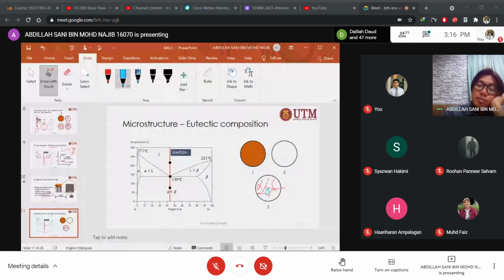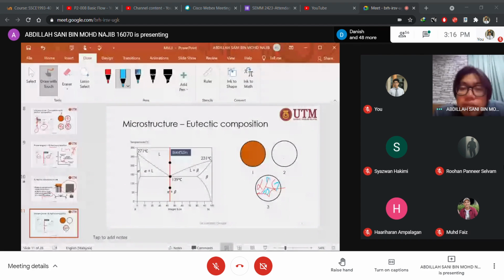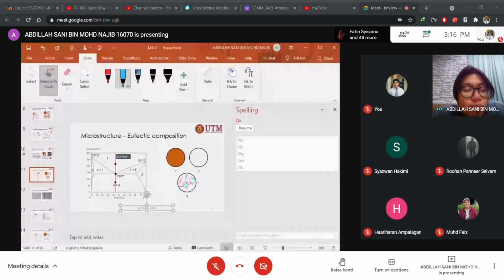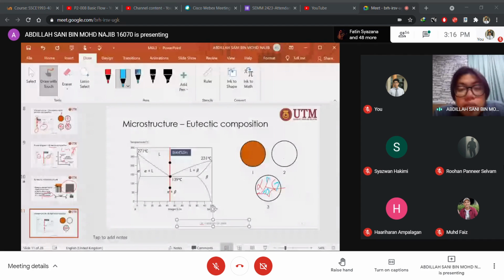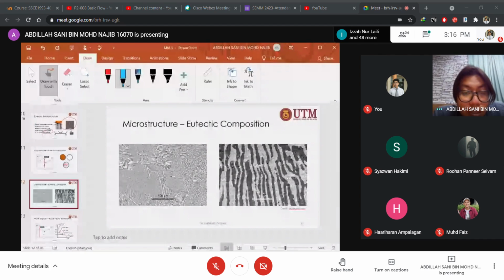Okay, we have a mixture of alpha and beta. So this is how it looks. You can see all these at the eutectic point, this maze pattern.